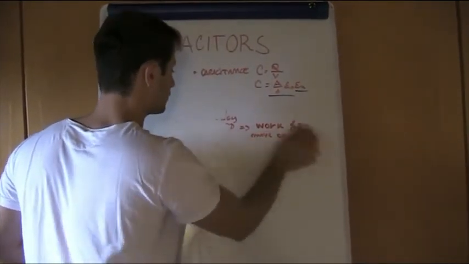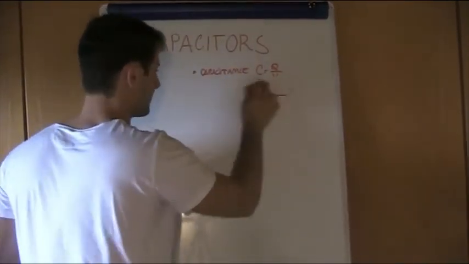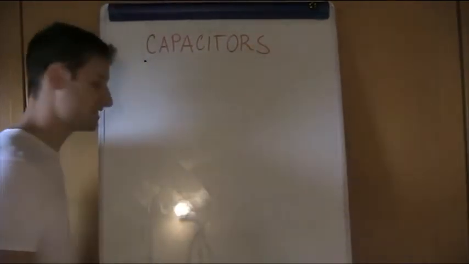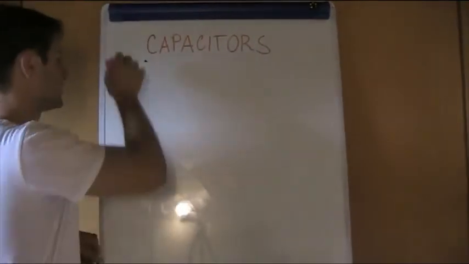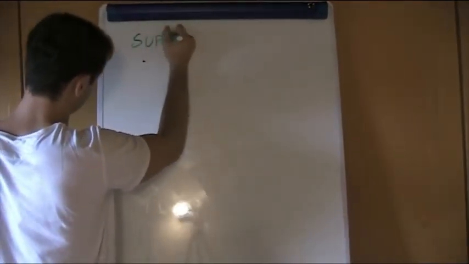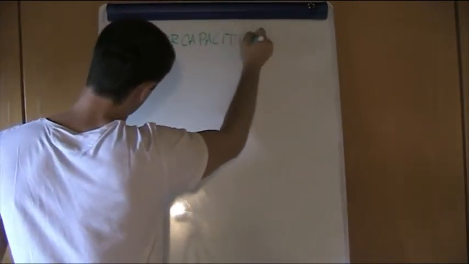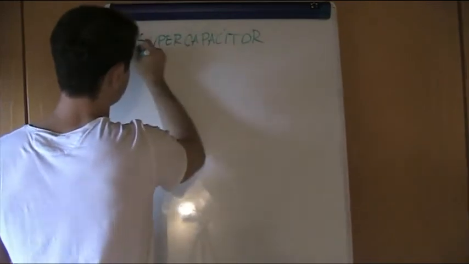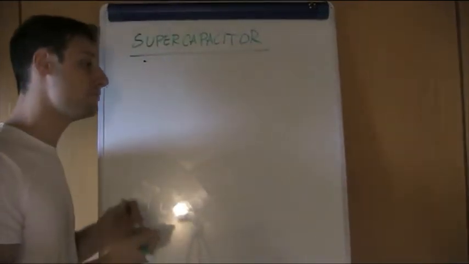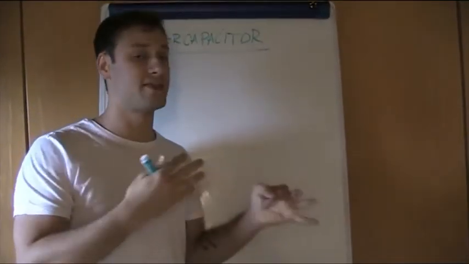A supercapacitor is basically a particular type of capacitor built with specific characteristics. So not a capacitor anymore, but a supercapacitor, that is something in between a battery and a capacitor.